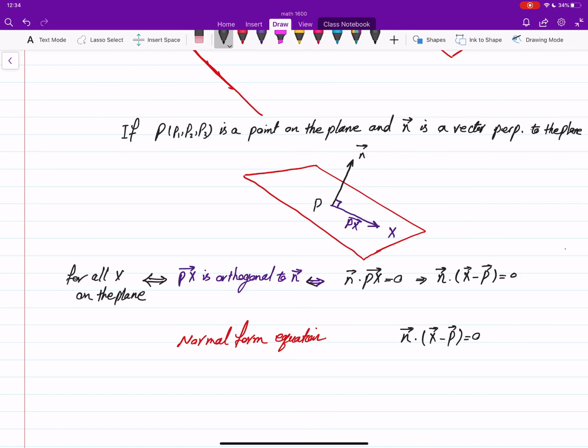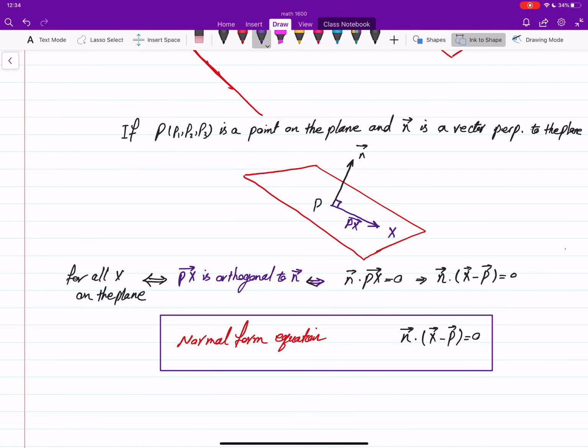Let me just leave it this way. For me, this is what is called the normal form for the equation.